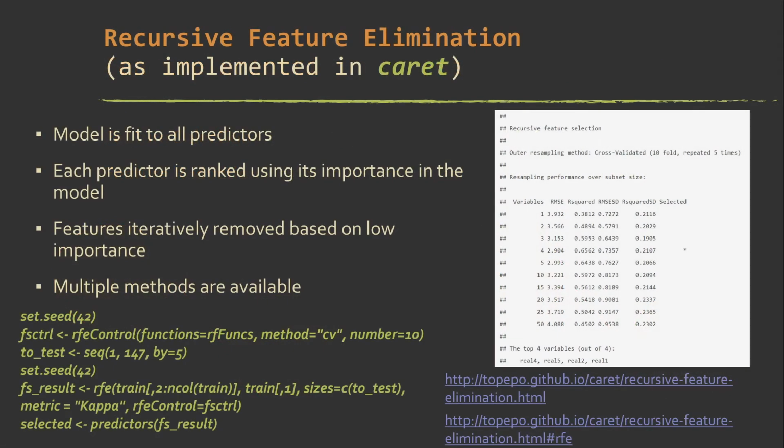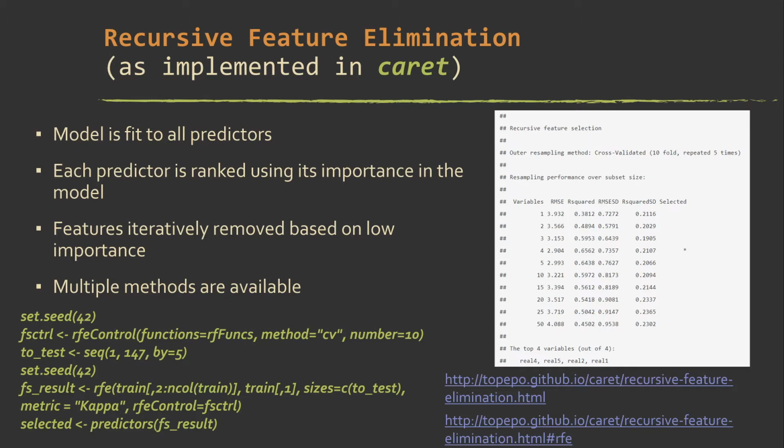Okay, so within caret, there's a feature selection tool built in known as RFE, or Recursive Feature Elimination. There's a couple different ways that it works, but one of the common implementations is to use the random forest variable importance. So the idea basically is that we run a model with all of the variables.